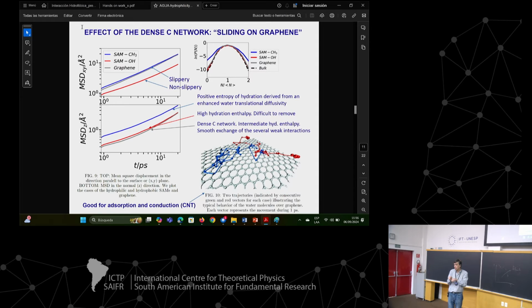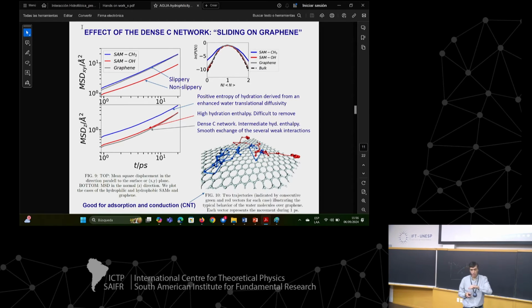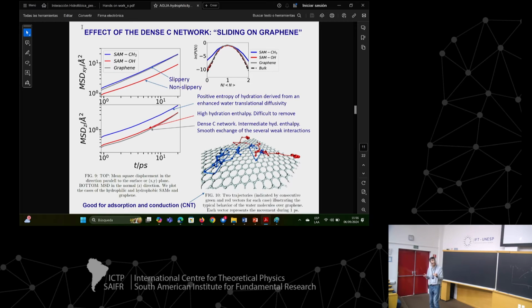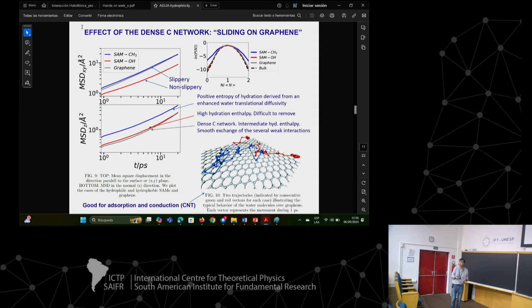And when you get the atoms closer, they didn't explain this effect, but they also found that water slipped over the surface, even when it is quite hydrophilic, since they had very strong interactions with the surface. It's a matter of the density of the surface, not of the interactions.